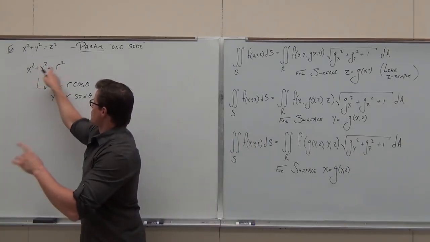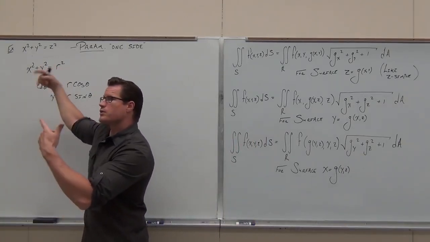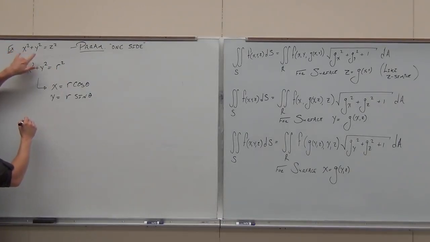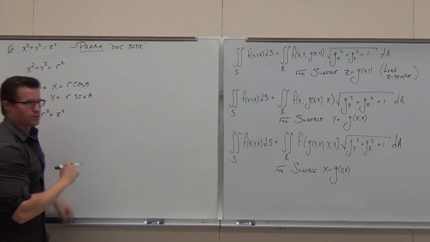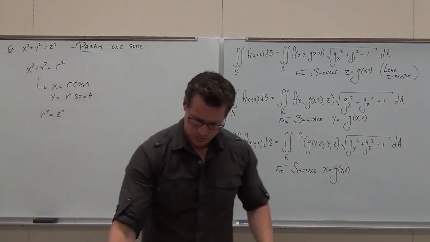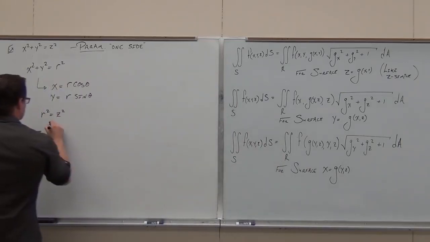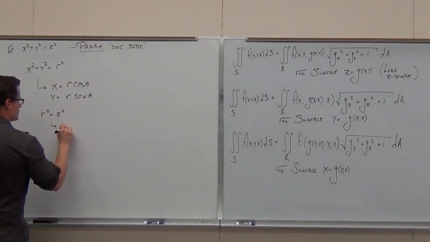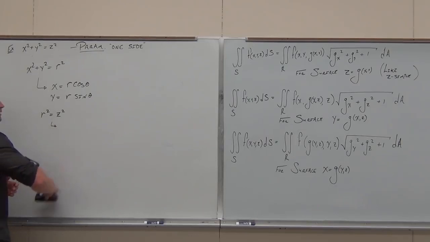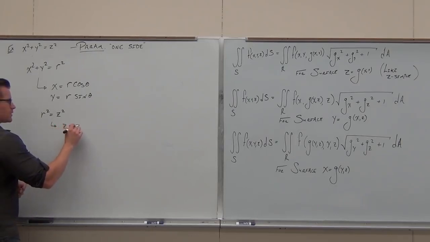If we called this r squared, then that also means that r squared equals z squared, or r equals z. I'll write that over. Z equals r.